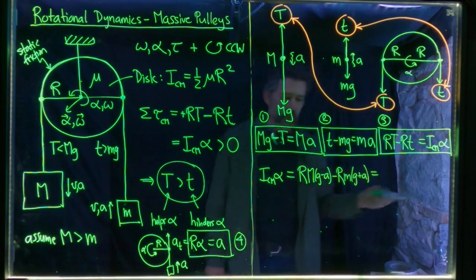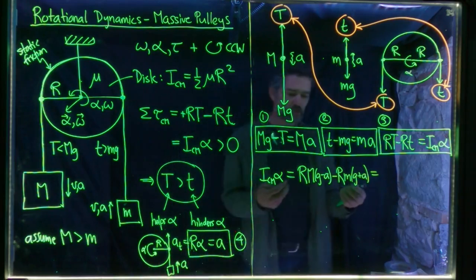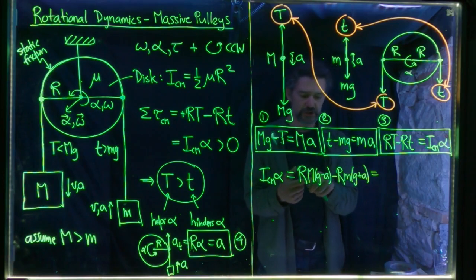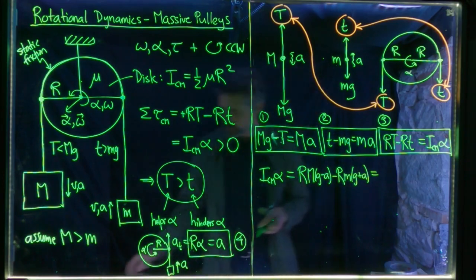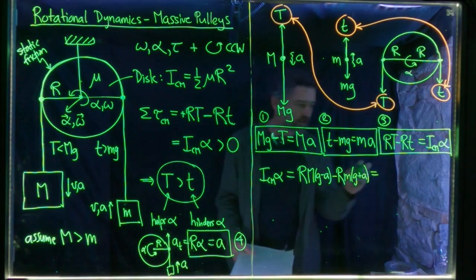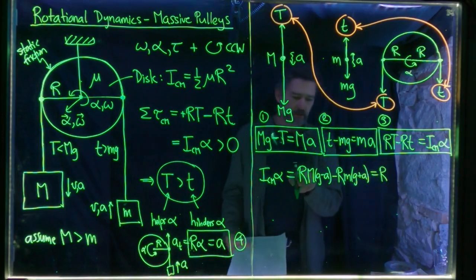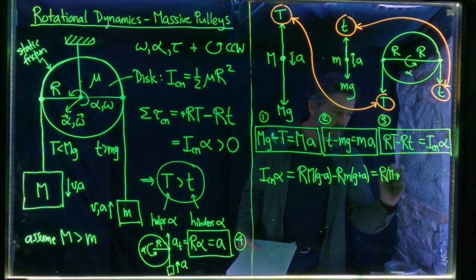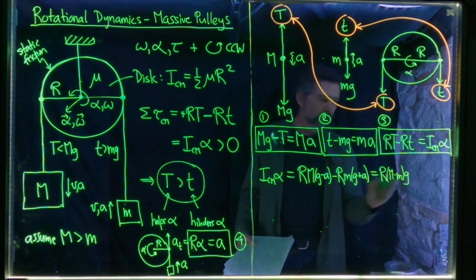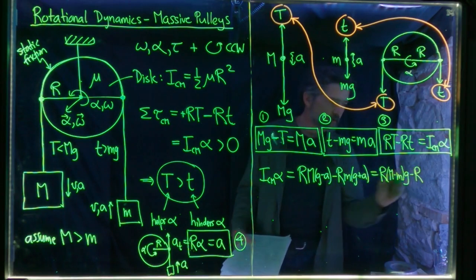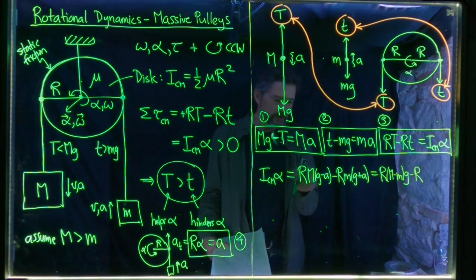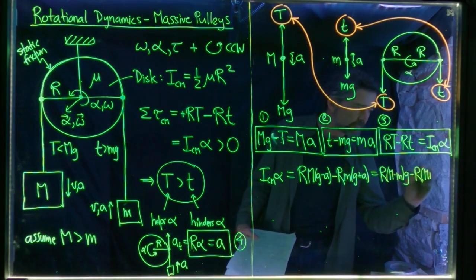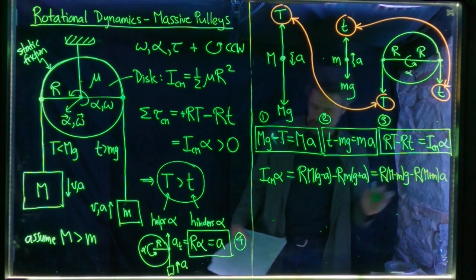Then we're trying to solve for alpha. So on this side we should collect terms that are proportional to G and terms that are proportional to A. What you get is capital R times big M minus little m times G, and then a negative R times big M plus little m times A. Is that right?